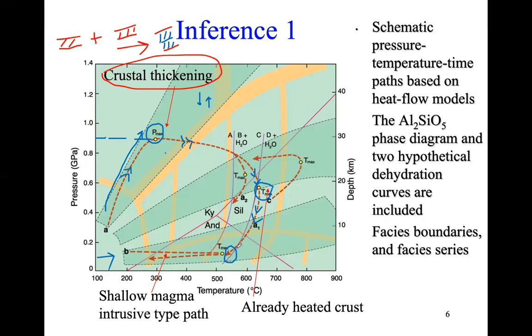So gradually the rocks will be getting cooled at shallow levels. So now the rock has evolved in a clockwise circle, and reached the surface, to a shallow level.